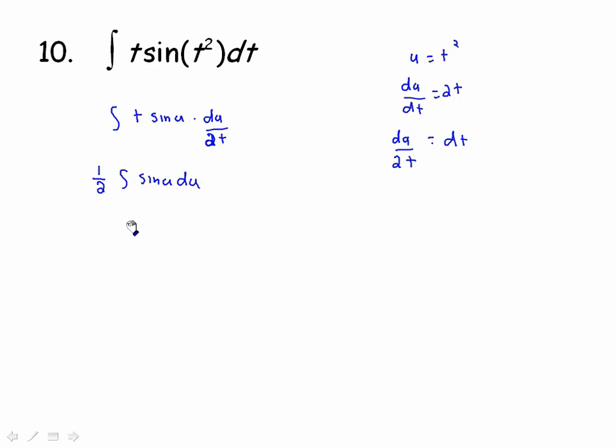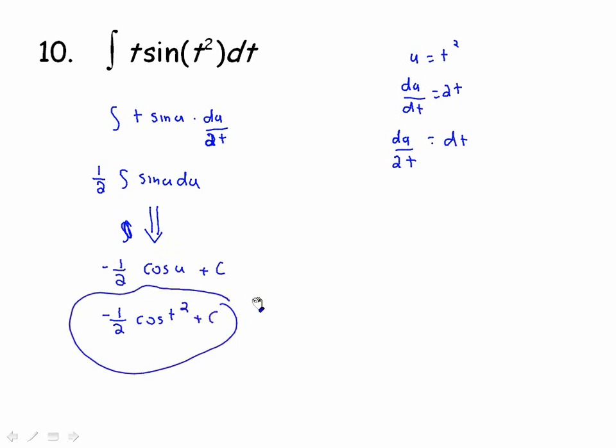So now, when we take the antiderivative of sine, we need to remember that the antiderivative of sine is not just cos, but it's negative cos. So we get negative 1/2 cos of u plus c. So this becomes negative 1/2 times the cosine of t squared plus c, and then we're done with it.